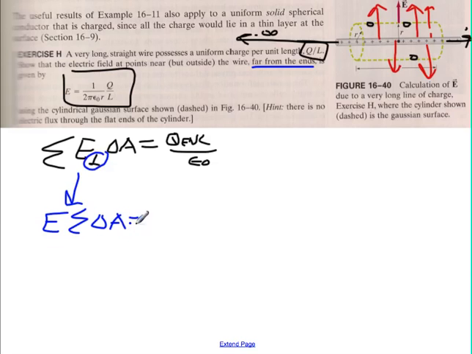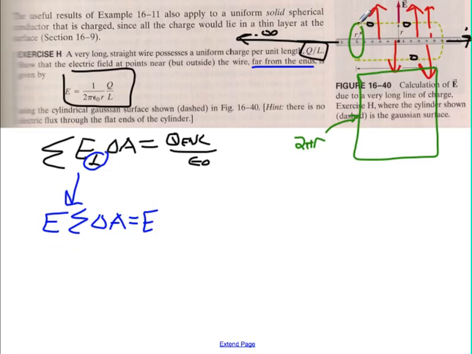Anyway, that part is just going to be the lateral area. And remember, if you unfold a cylinder, so I'll draw it like this, and they've got R labeled right there, this top part is going to be 2 pi r, isn't it? That's going to be 2 pi r for the circumference of our Gaussian surface.